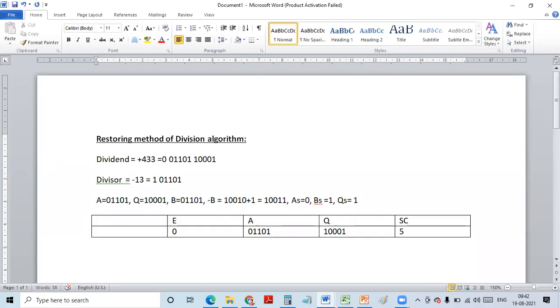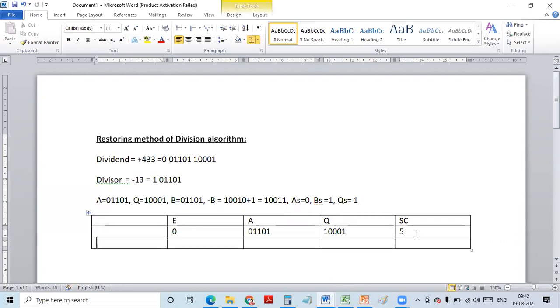Quotient is negative, it means, right? Your sequence counter is 5 initially. So the first operation is you have to perform subtraction. Subtract B from A.